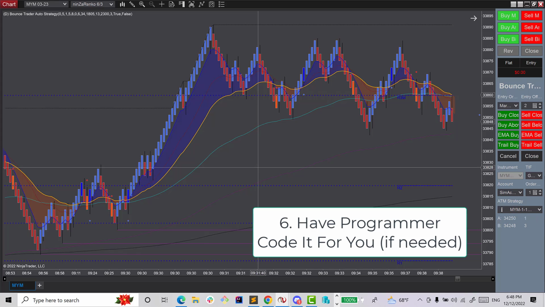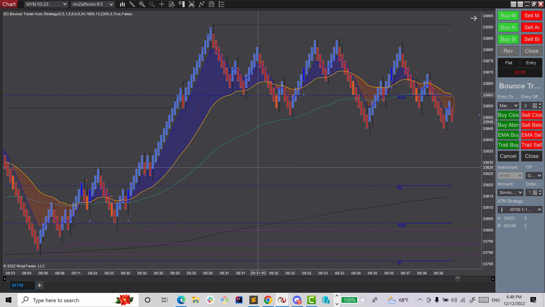I've seen many traders do it the opposite way. They try to perfect the strategy by writing the code, and they end up wasting a lot of time, and they never perfect their strategy. In the end they're neither coders nor traders.